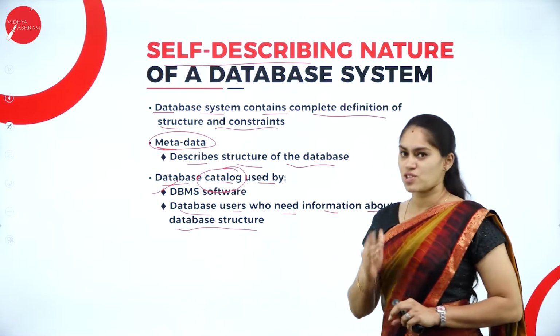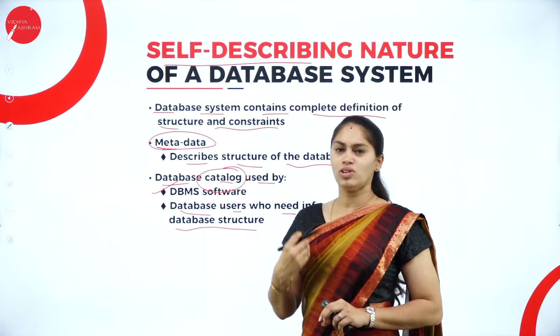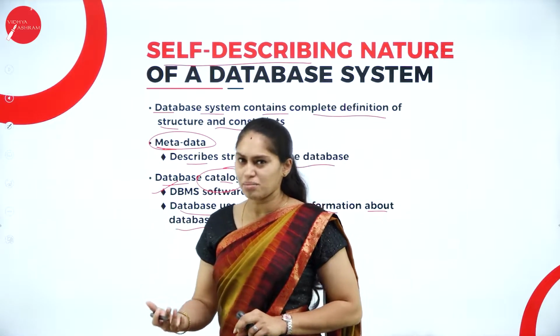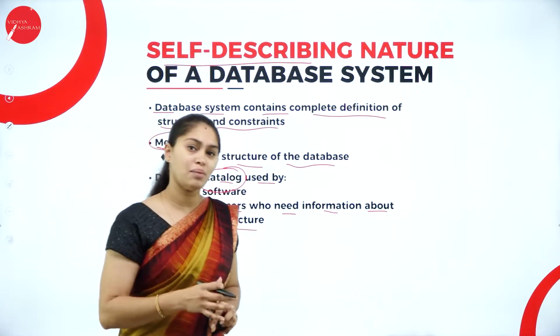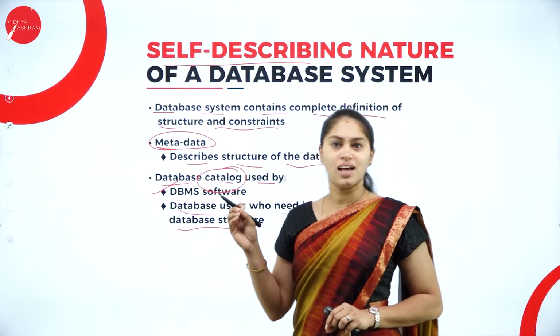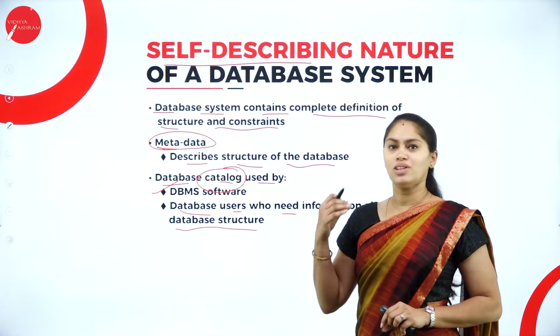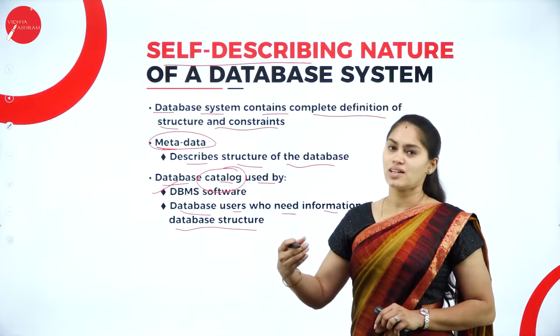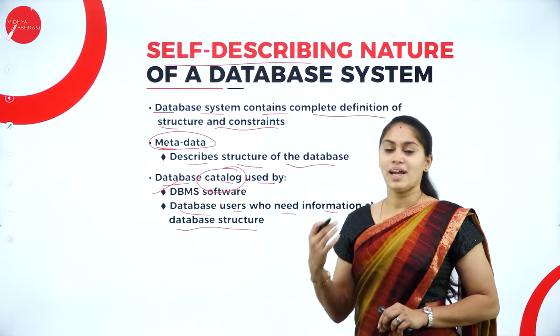And also the database user who needs information about the database structure. For example, if I want to know the structure of the database, that structure is nothing but how many tables we have, what the data types are, and what constraints or rules and regulations are enforced on a particular table. If I get to know this, then being a user, I will be able to give that kind of records or data to my database.